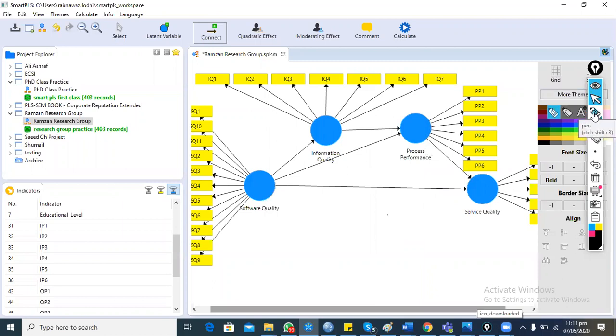And Sir, for better understanding, we can have a look at model number 6 of Preacher and Hayes.